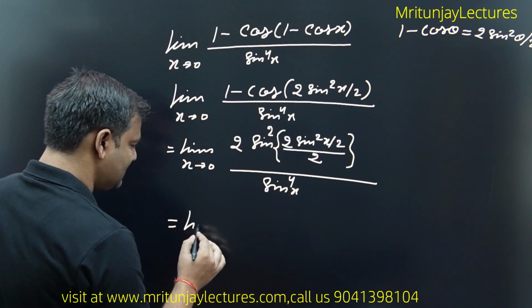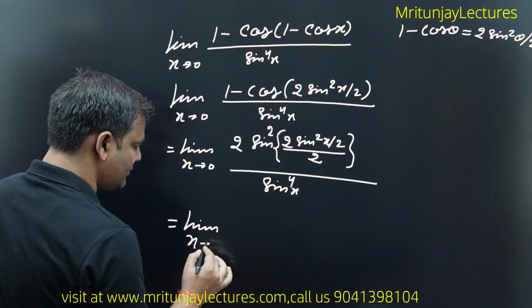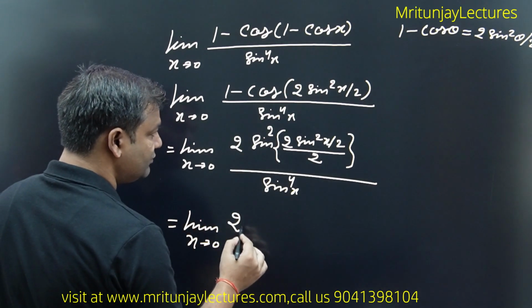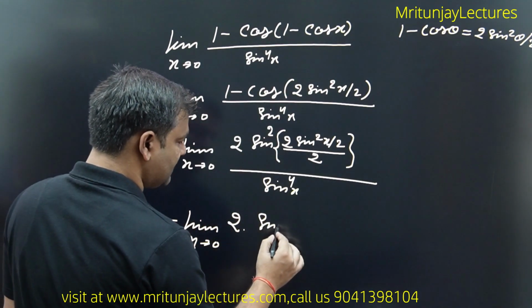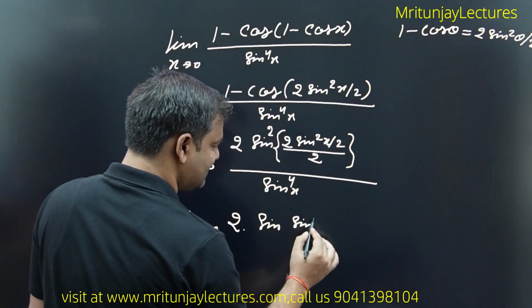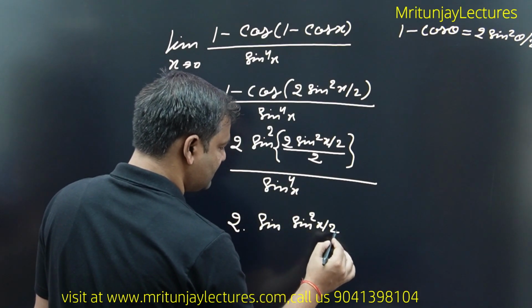After that, limit x tends to 0, the 2s cancel, leaving sin square x by 2.